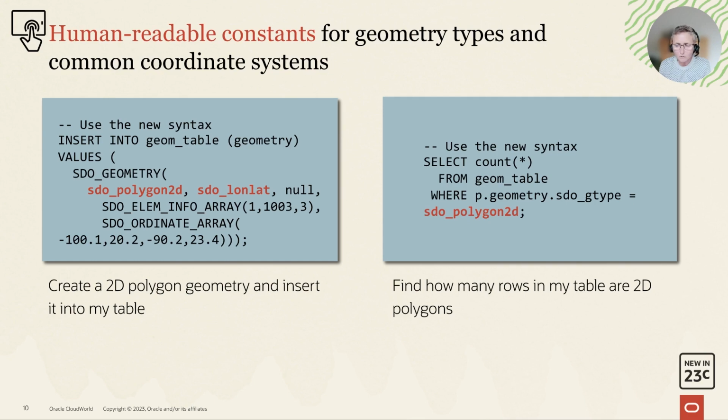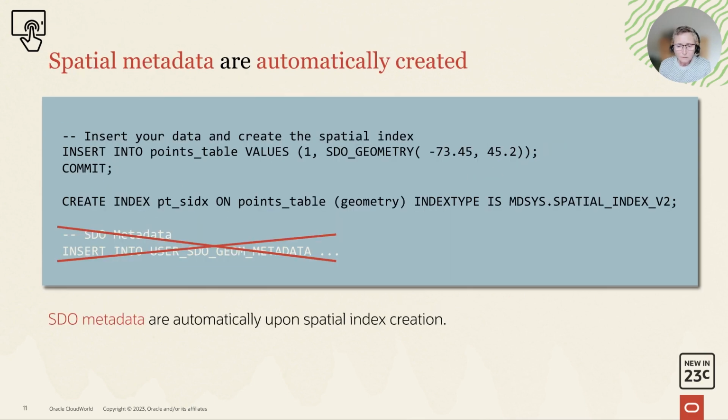Those of you who have dealt with SDO_GEOMETRY data before are also familiar with the concept of spatial metadata. Every column of type SDO_GEOMETRY having a spatial index needs to be registered as spatial metadata.